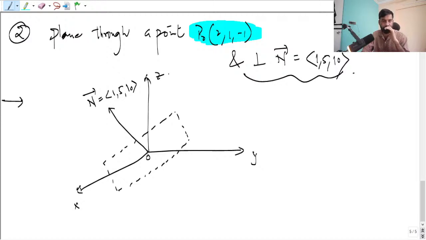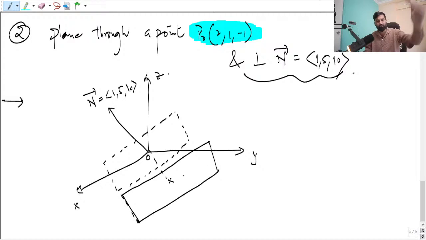Let's say that the point P naught is here, somewhere here. So this plane is not passing through the origin. I'm just drawing it; we are just shifting the plane parallel. This point P naught is (2, 1, -1).